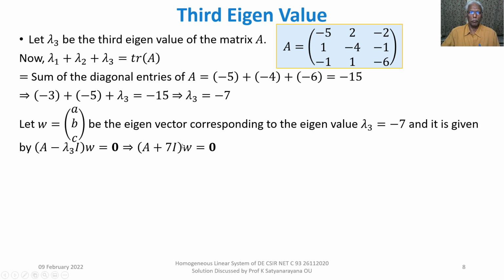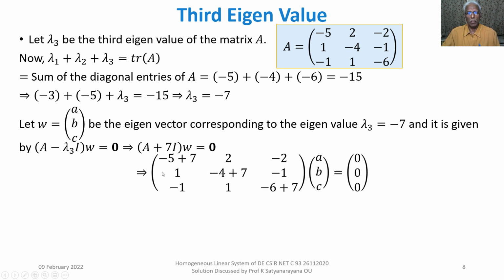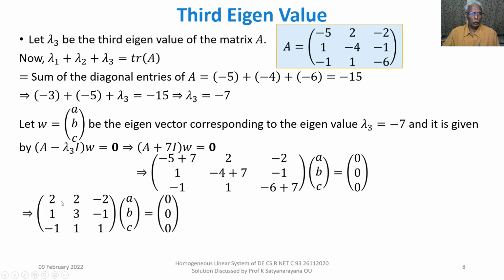Here the diagonal entries of A are increased by 7, multiplied by W, that is a, b, c, equal to the zero column vector. Simplifying, this matrix becomes 2, 2, minus 2, 1, 3, minus 1 and minus 1, 1, 1, multiplied by the column vector a, b, c equal to the column vector 0, 0, 0. We will now solve this homogeneous system for a, b, c.